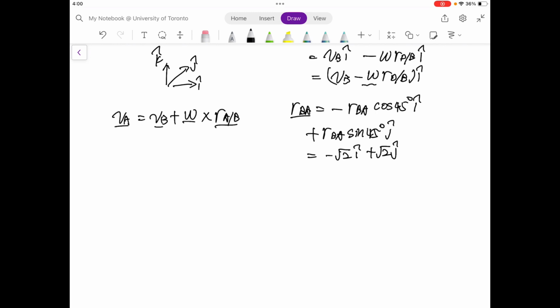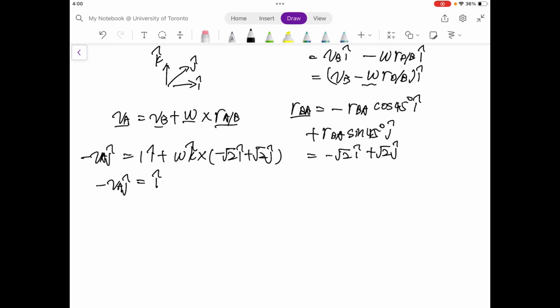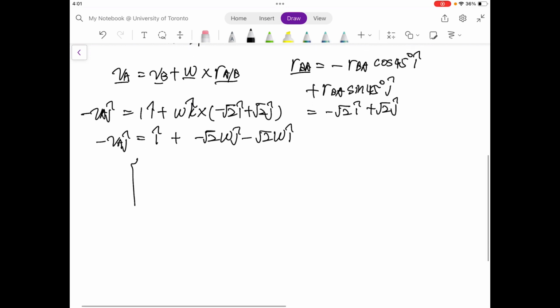When we put it back, we will get negative VA J is equal to 1 I plus omega K cross negative square root 2 I plus square root 2 J. So negative VA J is equal to I plus negative square root 2 omega J minus square root 2 omega I. So we will get negative VA is equal to negative square root 2 omega, and 0 is equal to 1 minus square root 2 omega.